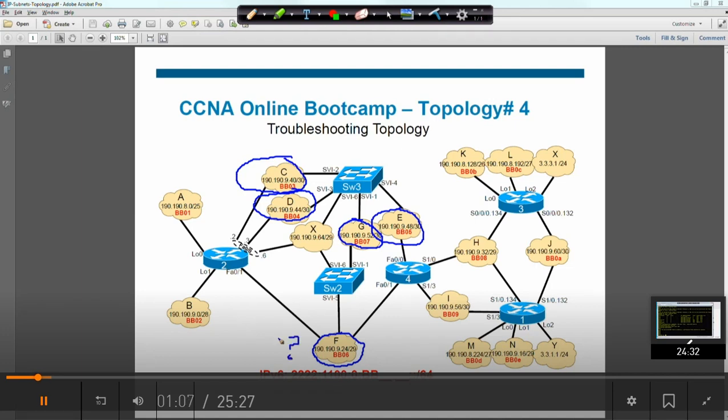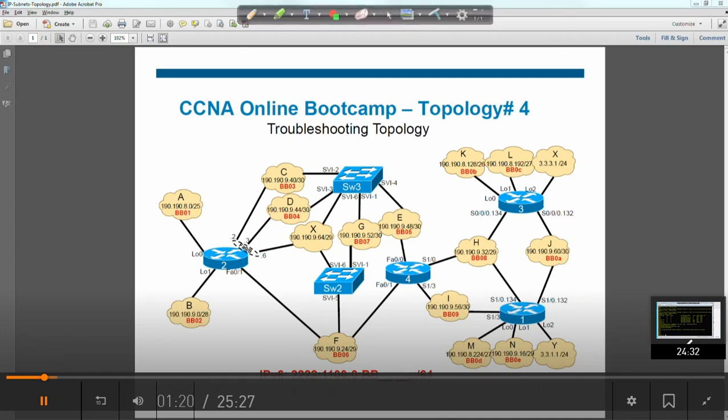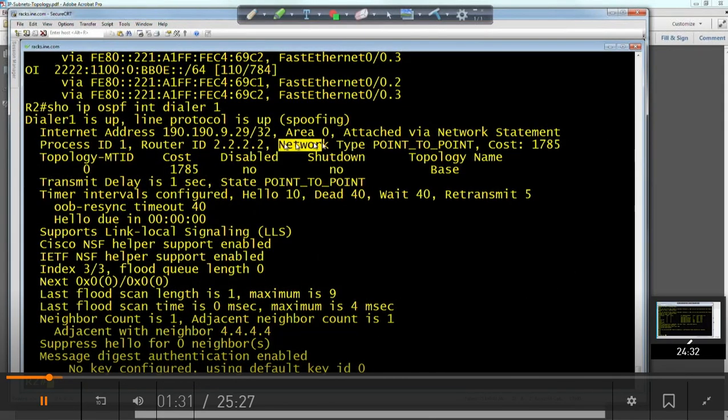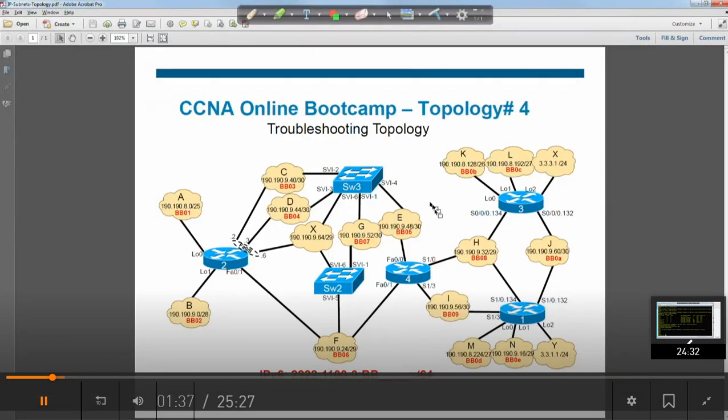I mean, OSPF sees it as PPP, so OSPF should view it as a point-to-point network. Let's see. And designated routers are not elected on point-to-point networks. So let's see here. Show IP OSPF interface dialer 1. Yep, network type point-to-point. So there won't be any designated router elected there.